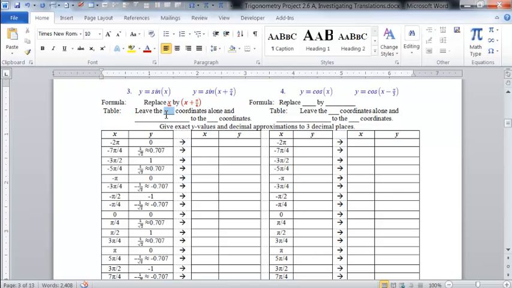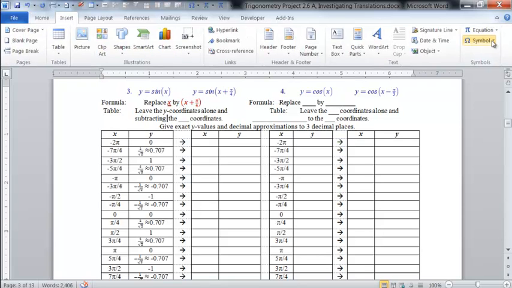So, once again, we're leaving the y coordinates alone, and we're changing the x coordinates, and we are saying, we'll change to from, and subtracting, well, if you just want a pi, for example, you can go to insert a symbol, pi over 4 from the x coordinates.